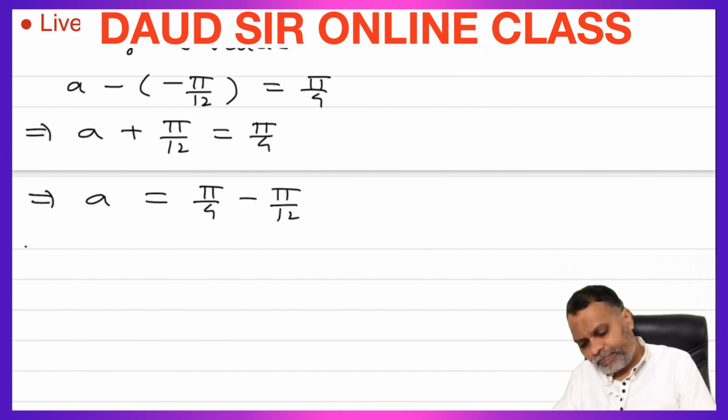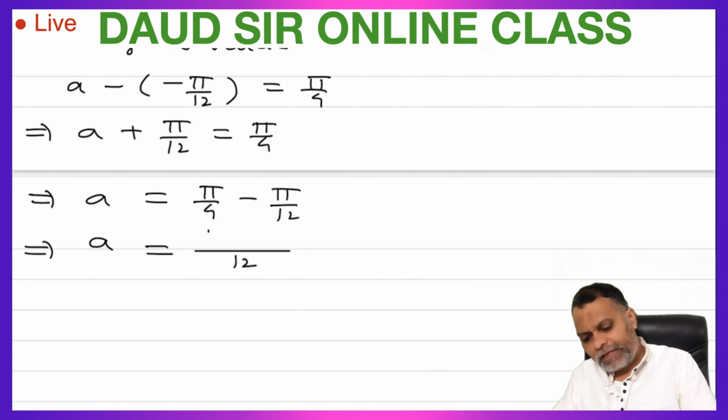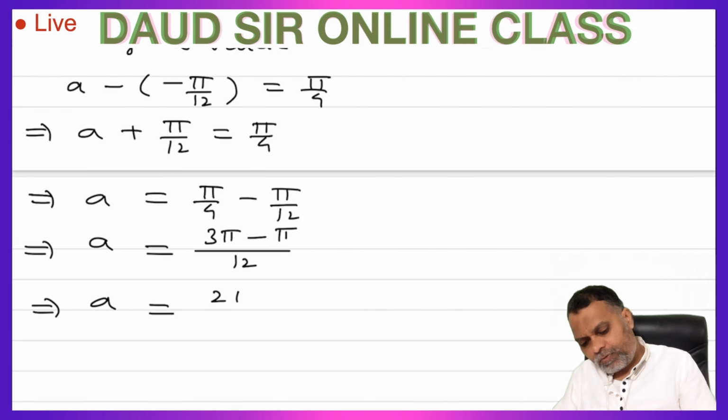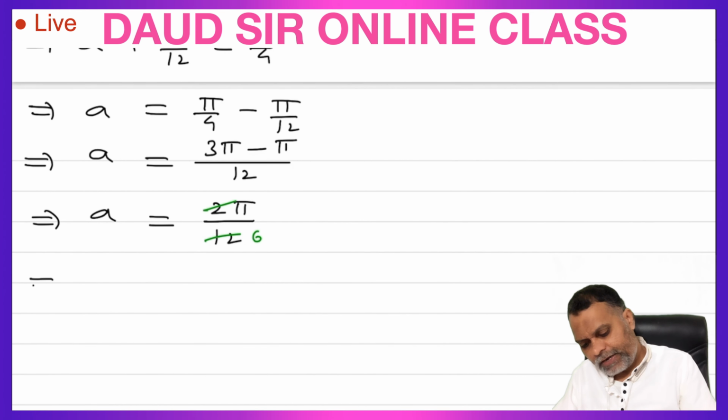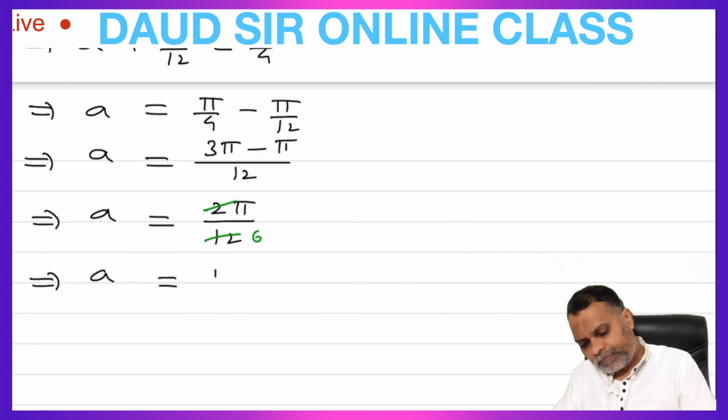Take LCM. LCM of 4 and 12 is 12. 4 3s are 12, so 3 pi. 12 1s are 12, 1 pi. a is equal to 3 pi minus pi, 2 pi by 12. So 2 6s are 12, so here a is equal to pi by 6.